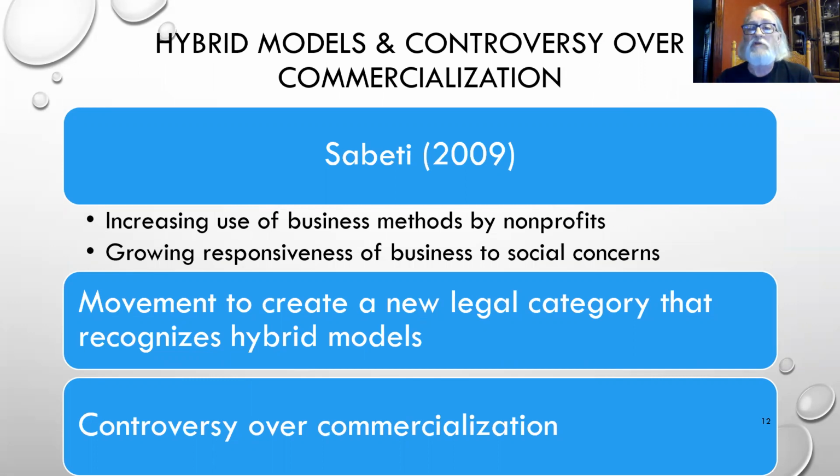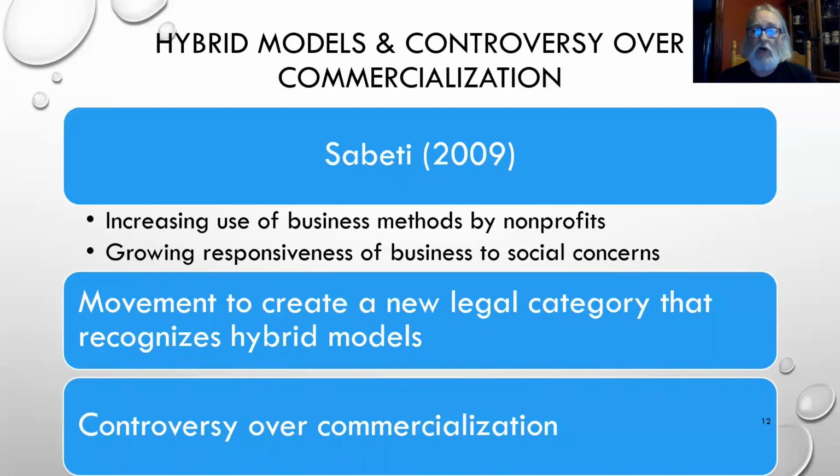And so many nonprofits are now forced to earn revenues, and they may not be related to their mission. And then we've got the growing responsiveness of business to social concerns. Part of this is driven by the attitudes of consumers, who generally today feel that many corporations, if you're going to get wealth in our neighborhood, so to speak, then you need to give back.